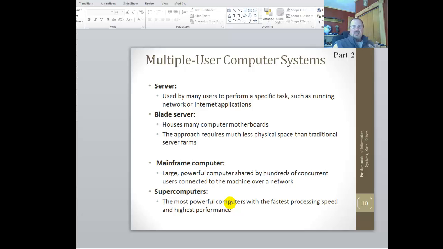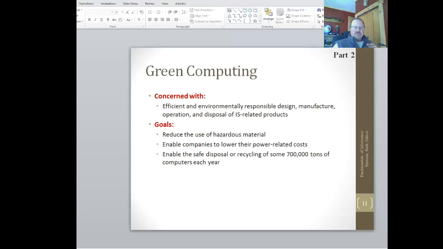You have maybe as many as 256 CPUs tied together with terabytes of memory to actually run very large applications or enterprise applications, or other very specific sort of high-end applications on it. And again, some of your presentations will cover this kind of information.